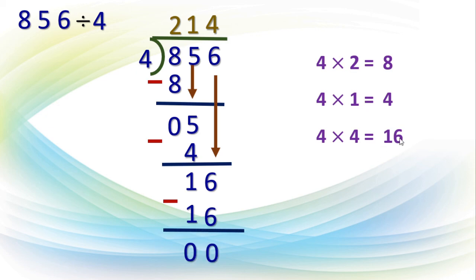Like this we have to do the division of a 3-digit number by a single digit, stepwise moving to the right side, slowly. And see here, the quotient is 214. How to read? 214 is the quotient, 4 is the divisor, 856 is the dividend, and 0 is the remainder.